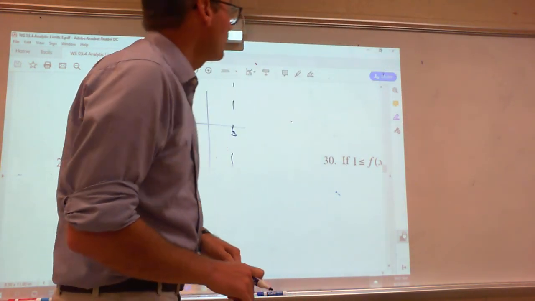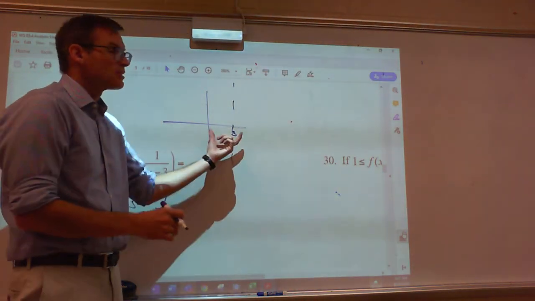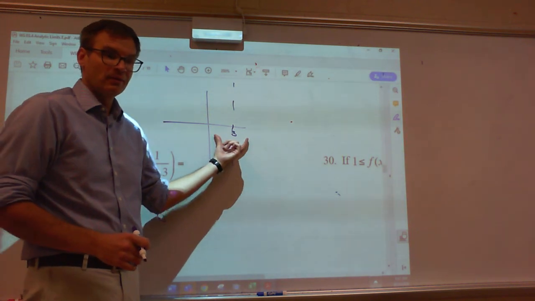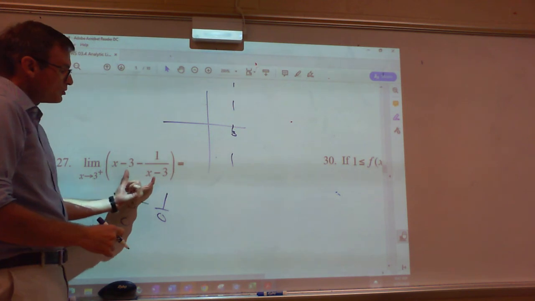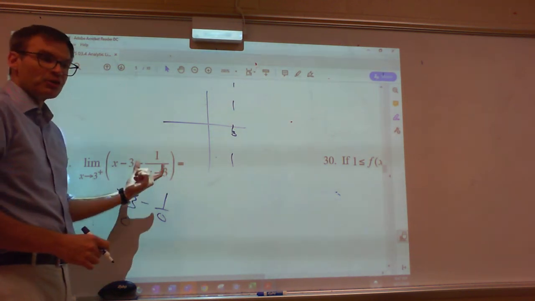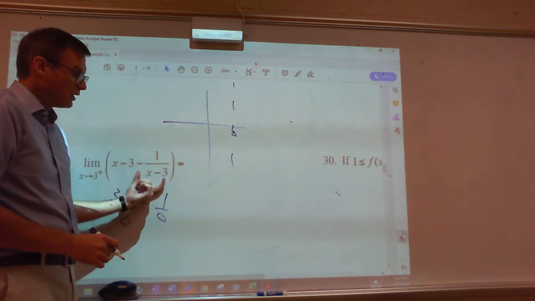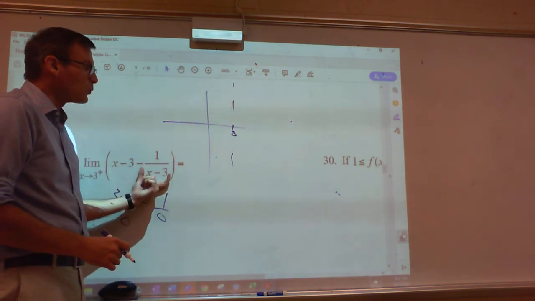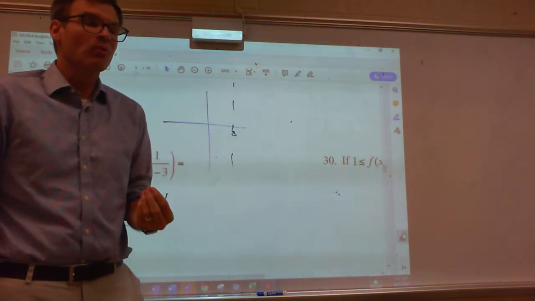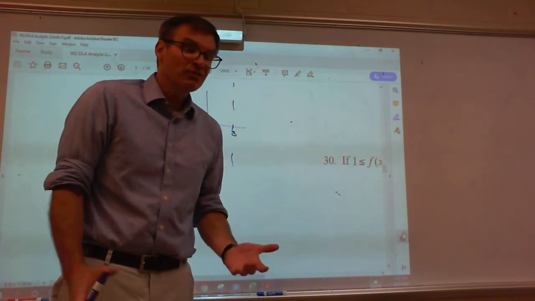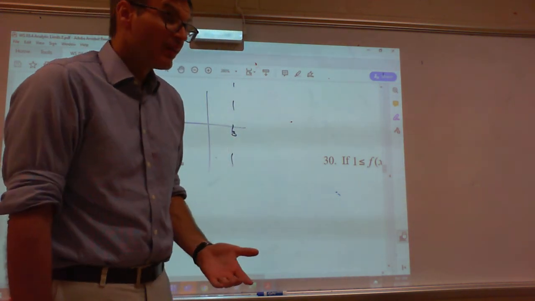I'm not really drawing the graph, I'm drawing the picture that's in my head. Because you're dividing by 0, you're acknowledging there's a vertical asymptote, and now you have to say, where is it going? How do you figure that out?